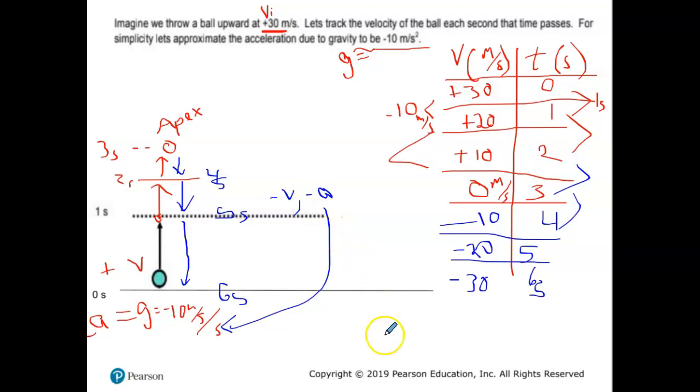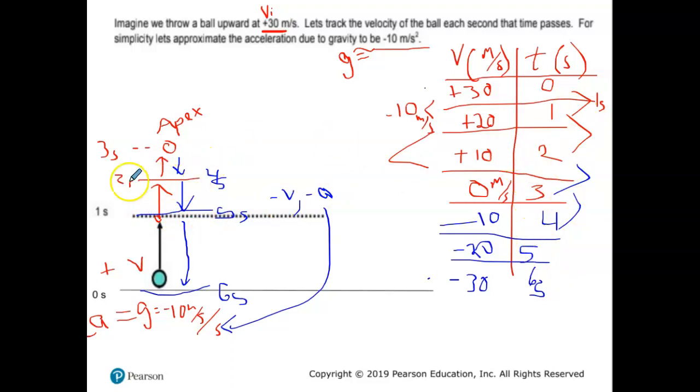So that's really important. Another fact that I want you to notice is if you check the times and the velocities, whatever position it's at in this motion, if it's at the same location, it should have the same velocity. It's just one's directed upward, one's directed downward. So if you look at 1 second and 5 seconds, they're both going 20 meters per second. One's positive, one's negative.